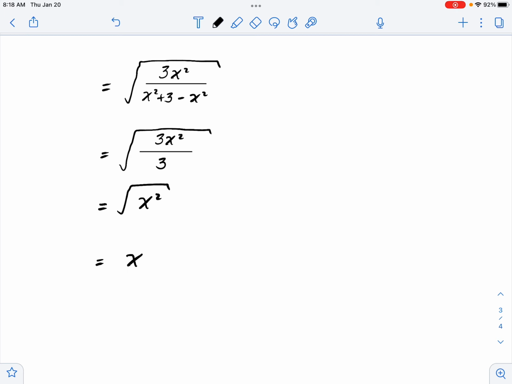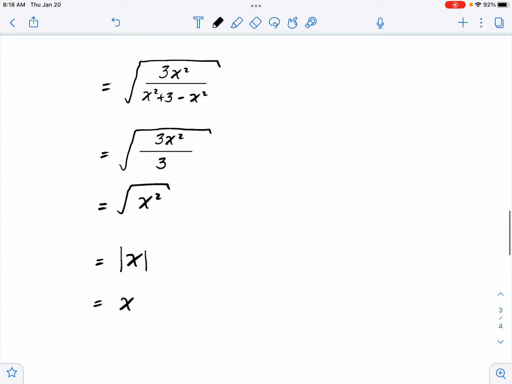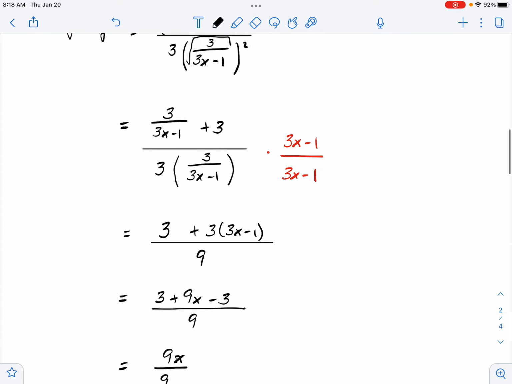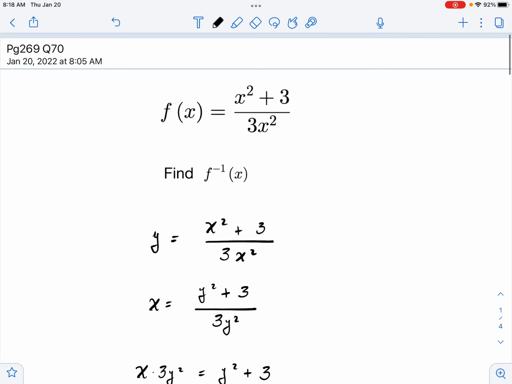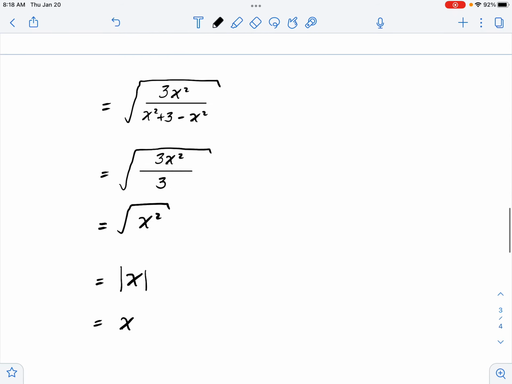We're assuming that these are one-to-one functions, and so I'm only taking the positive value. I'm not taking plus or minus. I'm taking the absolute value of x, if you like, and that is just x. And so there you go. That is f inverse of f, and that is f of f inverse, and that is how we solve that problem right there.